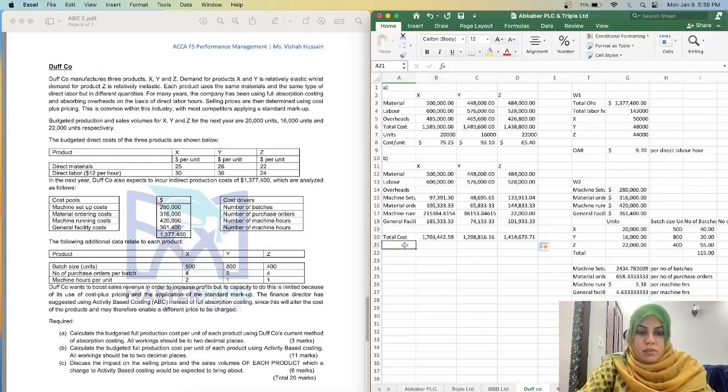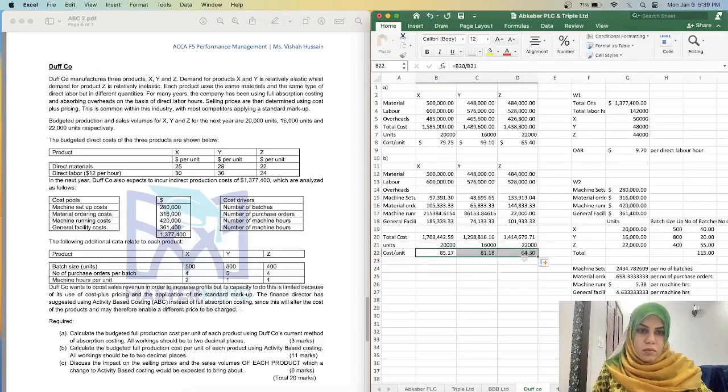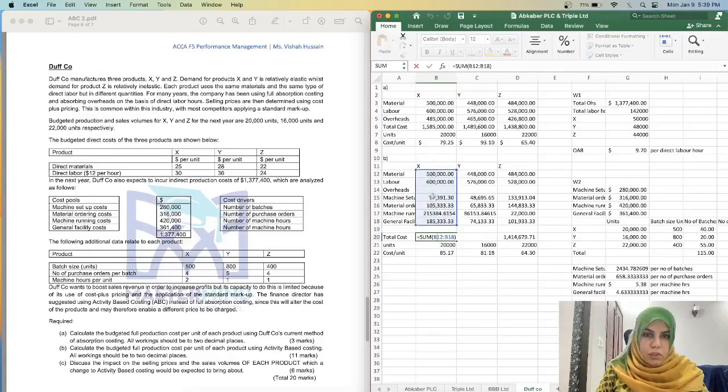Next we have to compute cost per unit. Could have copied it from above as well. Just a quick minute, let me check the answers once.